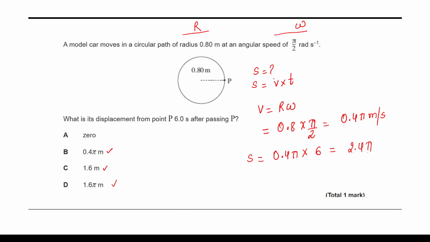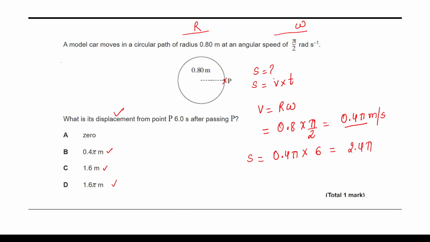Okay, so 2.4 pi. Now, because it's a displacement, you need to see where the particle is. This is the distance; it's giving me the total distance it has traveled. So this is not going to tell me the displacement. I did this so that you understand this is a common mistake. Now, it is moving at a speed of 0.4 pi meters per second. So how much time would it take to complete the whole circle and come back to point P?